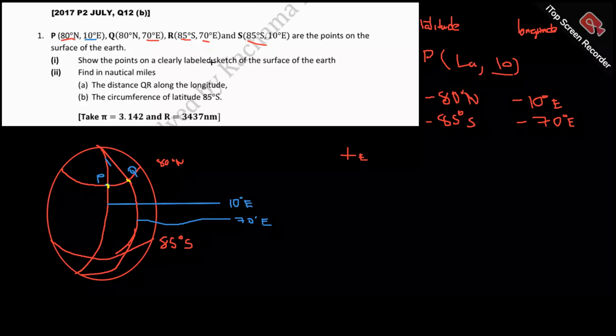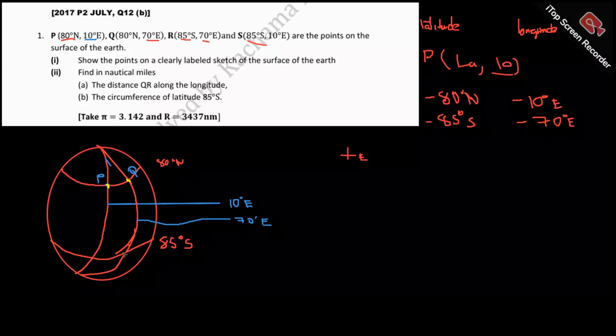What about R? R is 85 degrees south, so this latitude. The longitude is 70. So the position is not going to be this position, because the longitude here is 10.